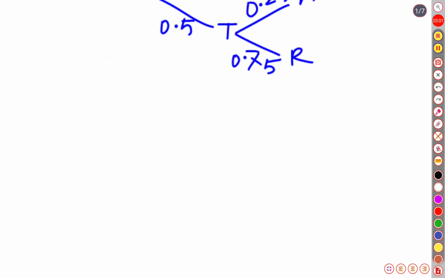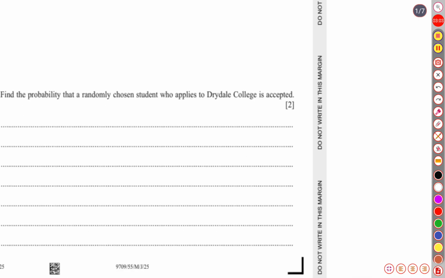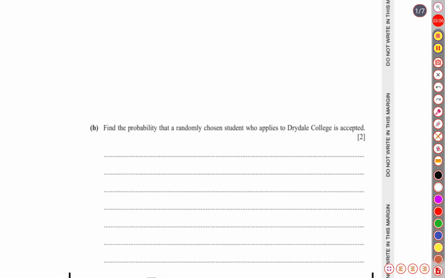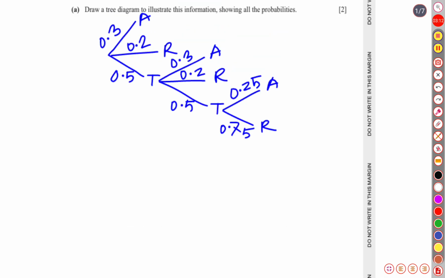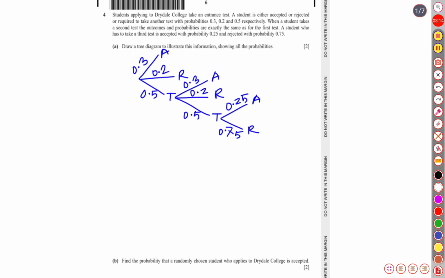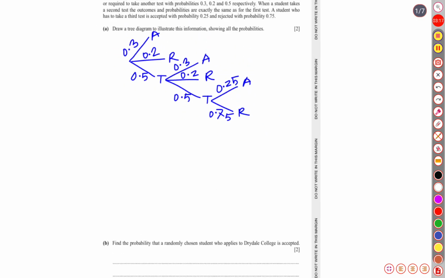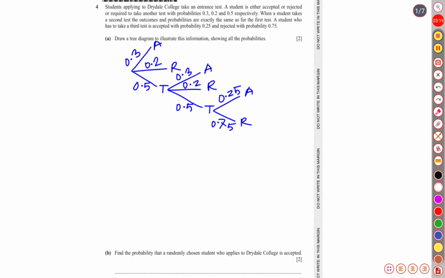The next question says find the probability that a randomly chosen student who applies to Drydale College is accepted. Okay, for acceptance actually there are three possibilities. He might be accepted in the first attempt, or he needs to take the second test, or he might take the third test.